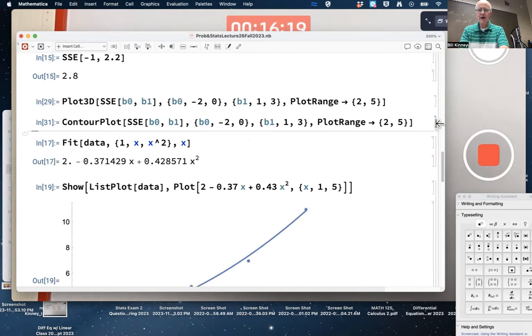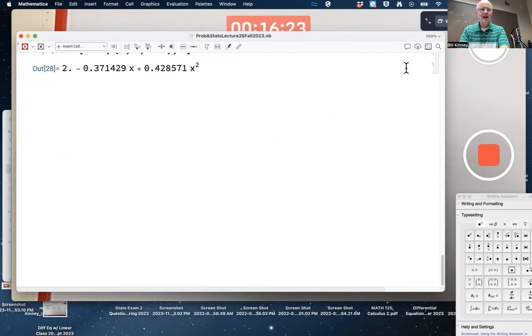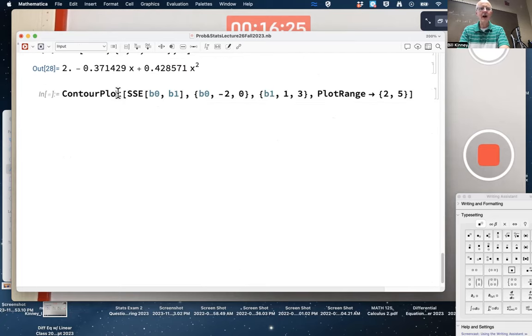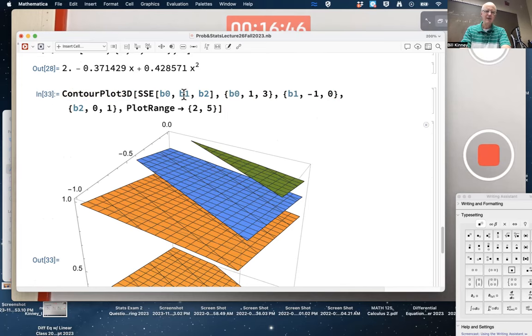Can I do a contour plot with the new SSE? Contour plot 3D. What will I see? Well, I tried this ahead of time before class, and it wasn't looking as nice as I was hoping it would. Okay, I mean, there's not many.